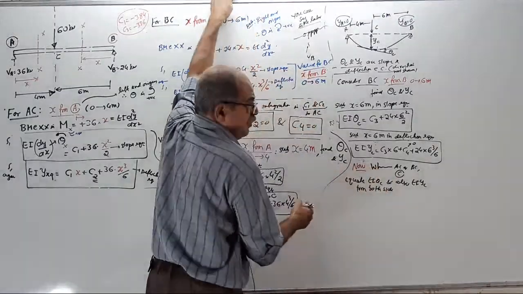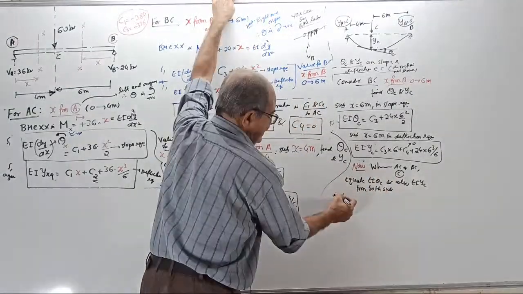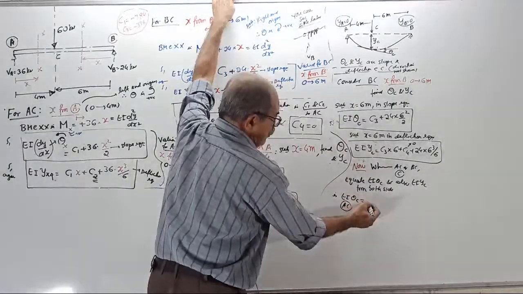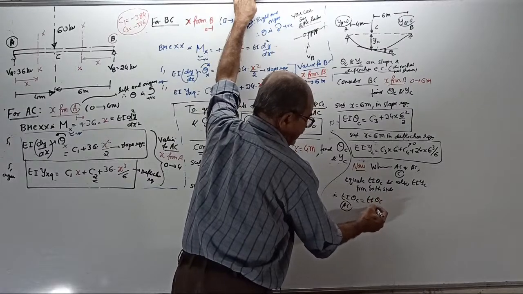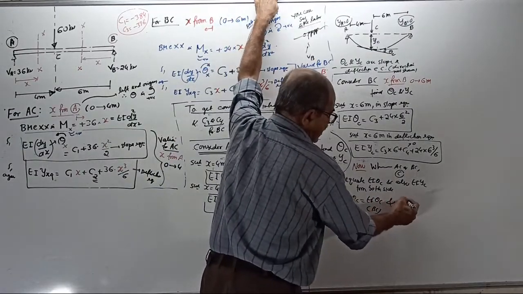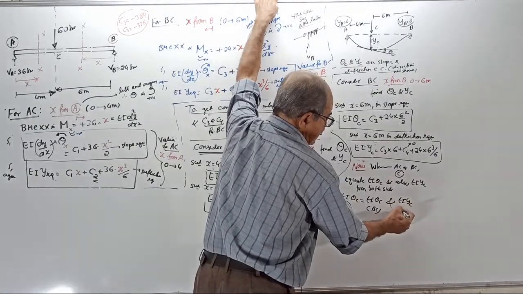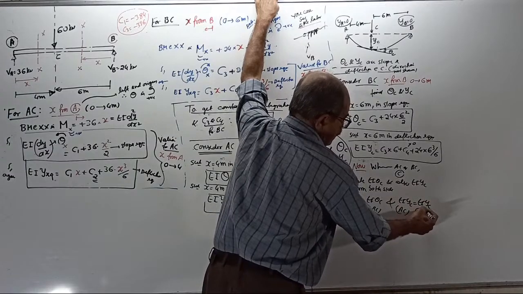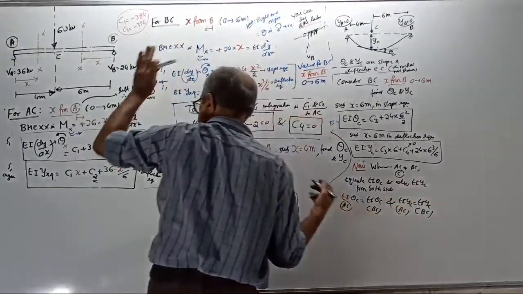That is, EI theta C we get for AC equals EI theta C we get for BC, and also EI YC we get for AC equals EI YC we get for BC.